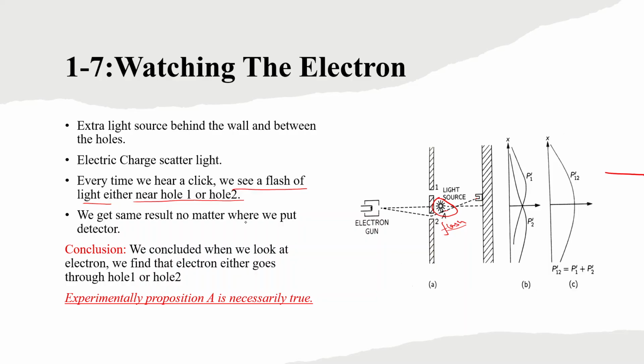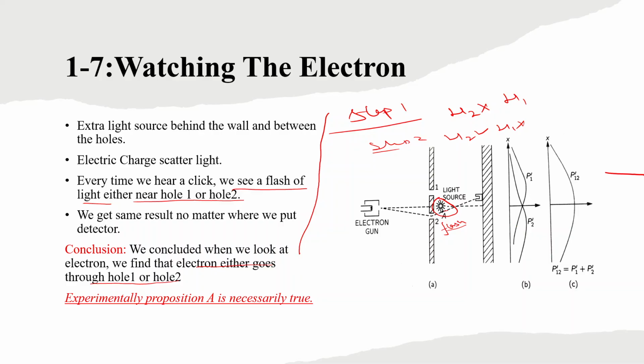So we concluded that when we look at the electron, we find that the electron either goes through hole 1 or hole 2. After that we follow all those steps: for step 1 we close hole 2 and hole 1 is open. In the same way, in step 2, hole 2 is open but hole 1 is closed. So we get these distribution curves, or probability curves, p dash 1 and p dash 2.